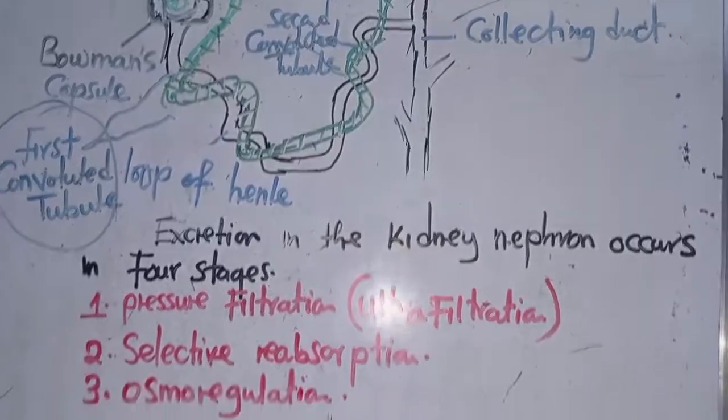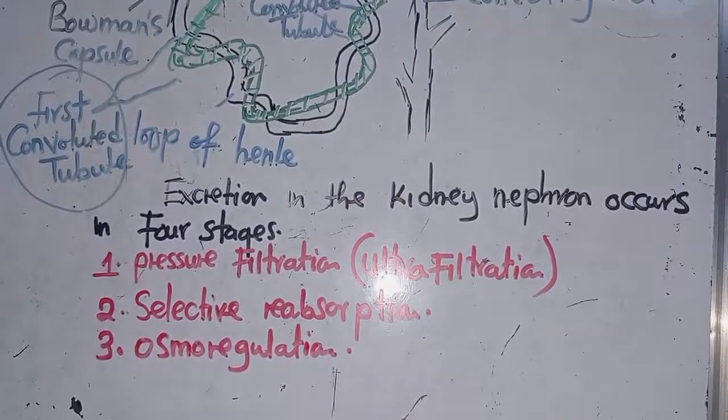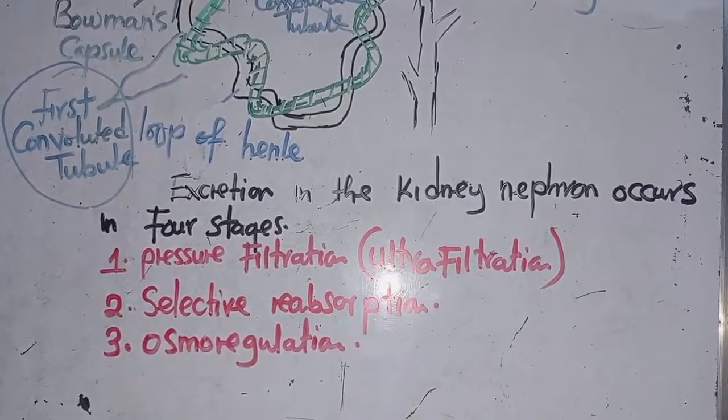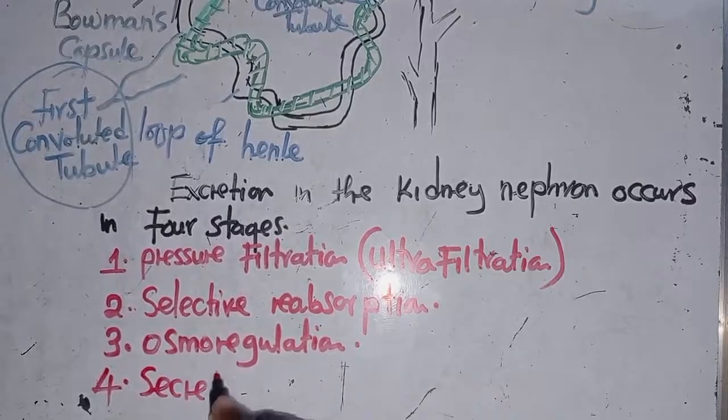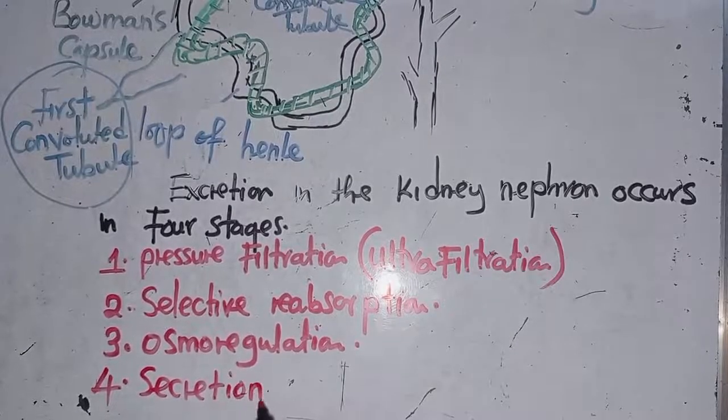So I'm going to explain what all these stages mean and how urine is formed from all these stages. I just want you to follow me clearly and nicely. I just want your total attention. Then the last one is what we get to call secretion.